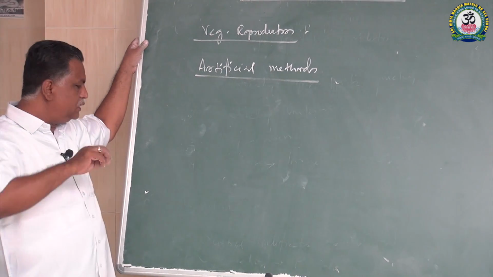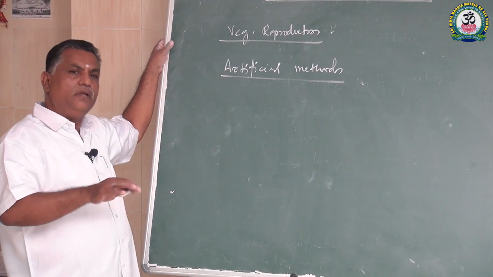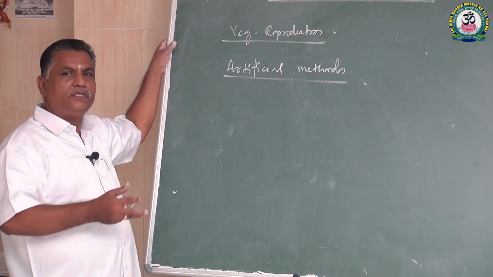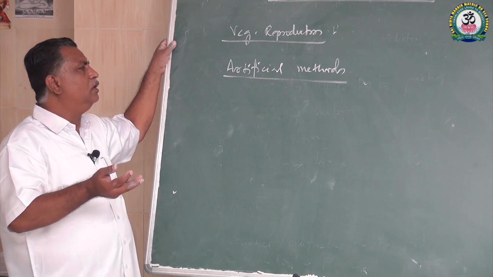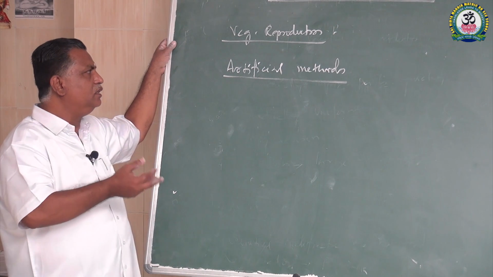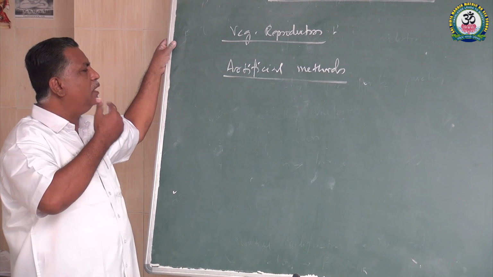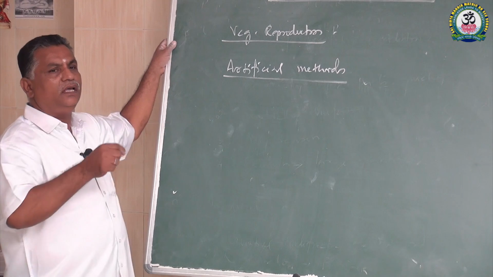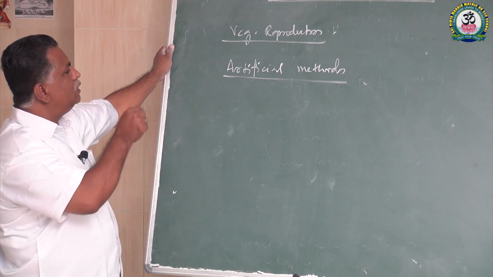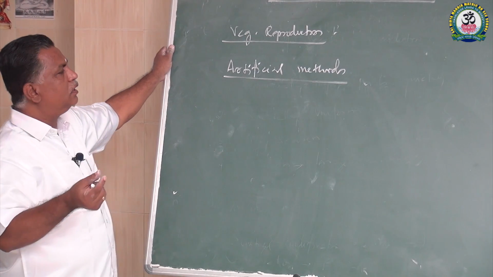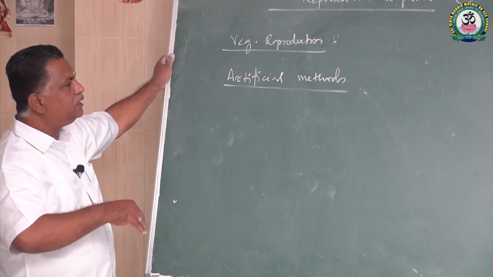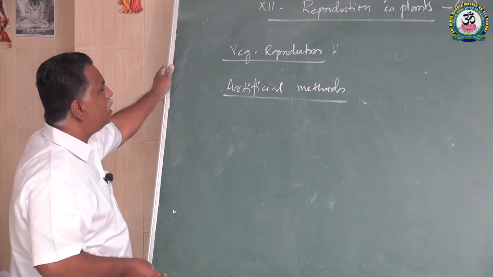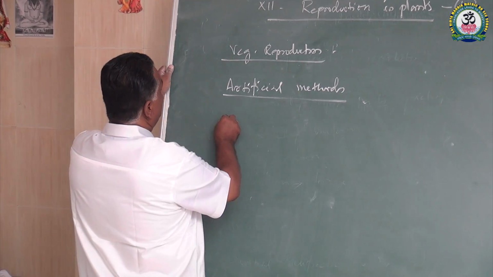Natural methods of vegetative reproduction happen naturally, the plant itself is involved, and no external agent is involved. But the artificial method is a method of reproduction in which external agents, the farmers or anybody, are involved to make the reproduction. So that is called the artificial method. There are two types of artificial method. One is conventional.